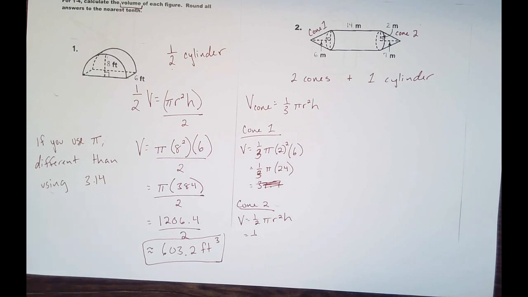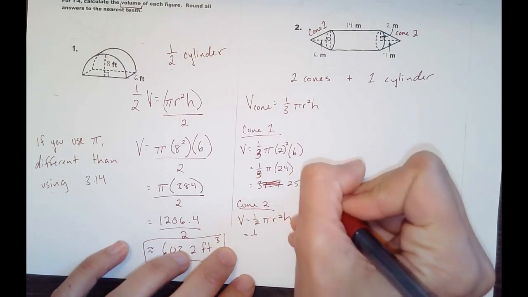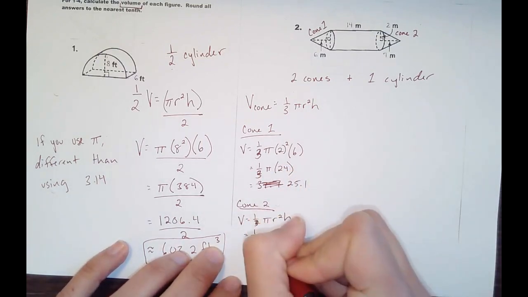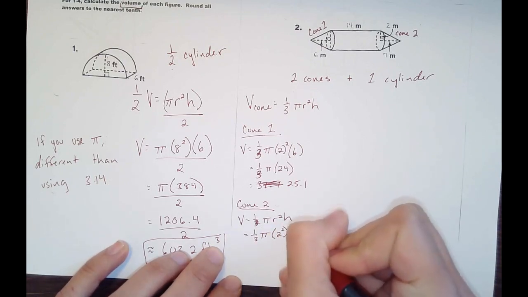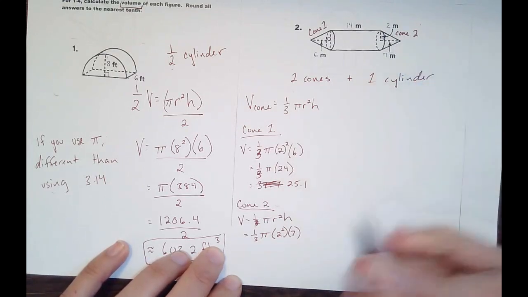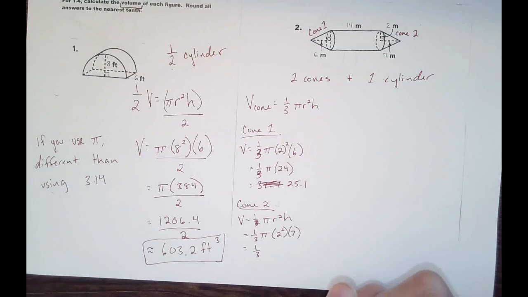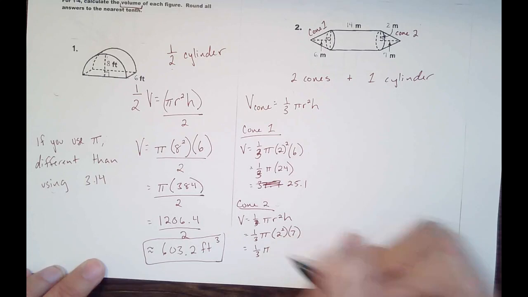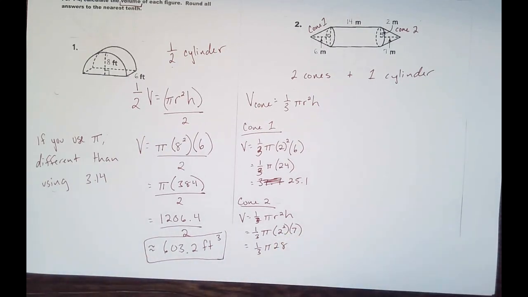Down here we have 2 squared times our height, and on this one our height is 7. So we have 1/3 pi times 28, which gives us 29.3. So we have both of our cones.